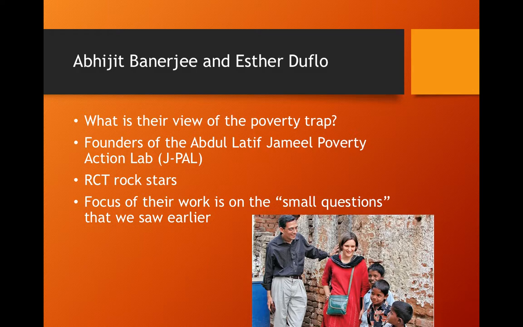And so the focus of their work is often on the kinds of small questions that we saw earlier. Not why are some countries rich and others poor, but does this specific kind of project work in most cases? Or does the assumption underlying the idea of a caloric poverty trap hold true when we look at the actual data?